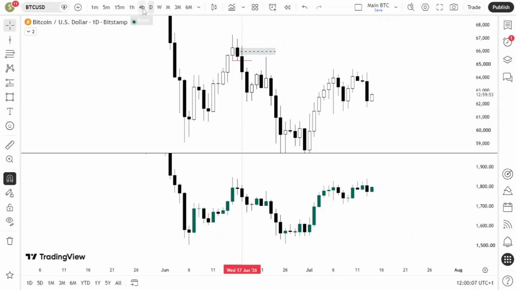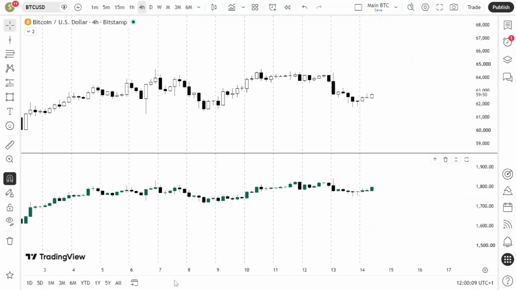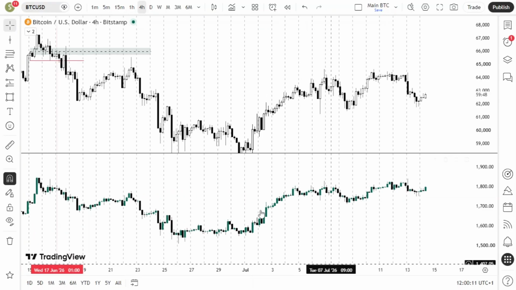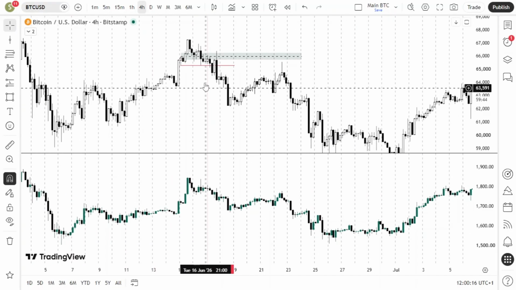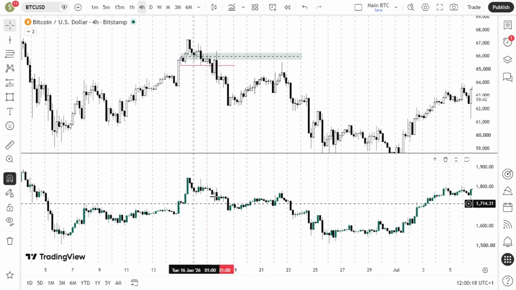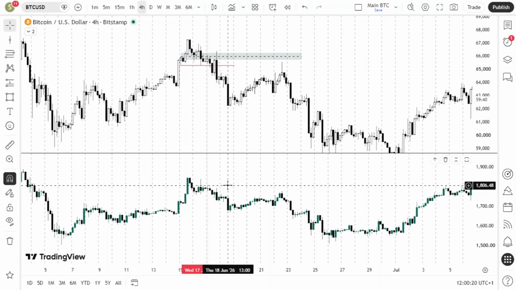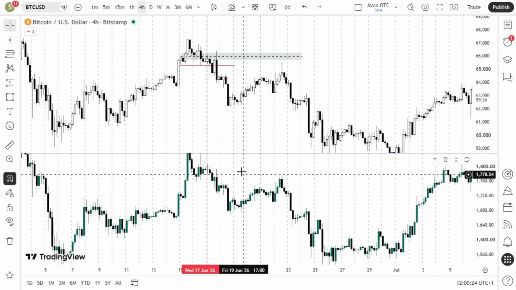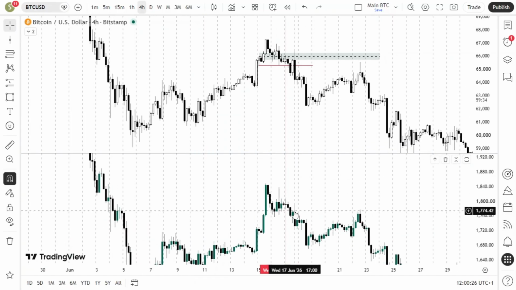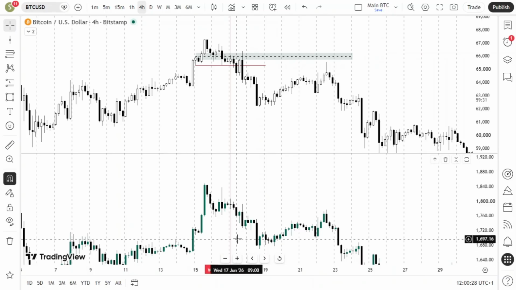So going to the 4 hour time frame, we look around the region. Now remember, only BTC has an order block here, so I'm more focused on BTC. I am not paying too much attention to ETH, but I am conscious of ETH's structure coming into this day. What day was it? Was it Wednesday the 17th of June?